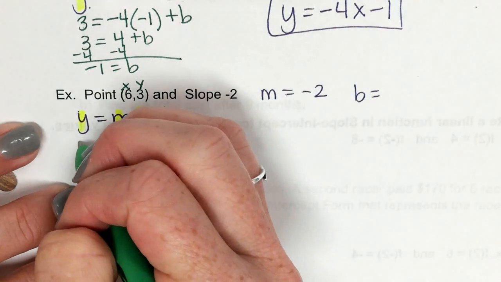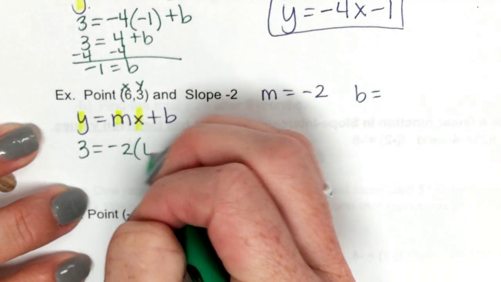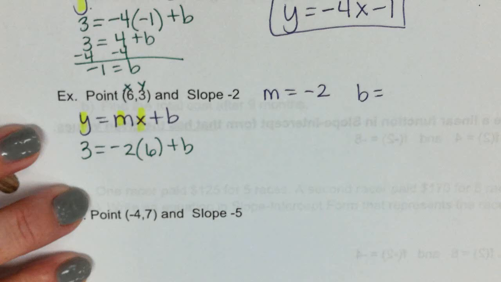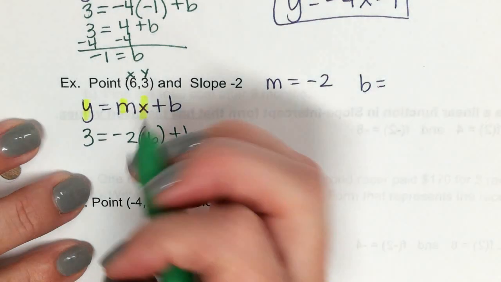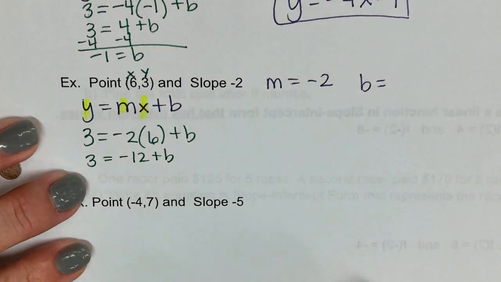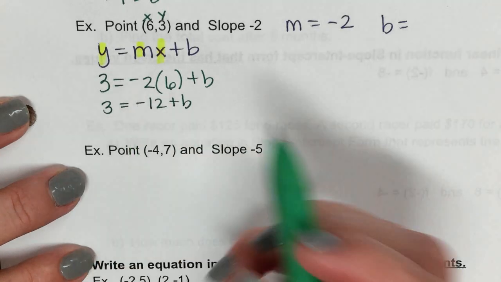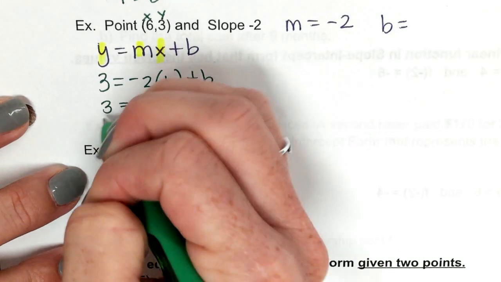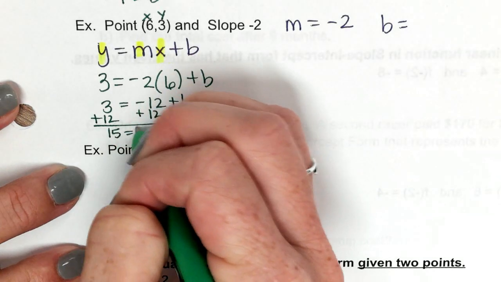So I have 3 equals -2 times my x, which is 6, plus b. So I have 3 equals -12 plus b. How do I get rid of -12? Plus 12. And 12 plus 3 is 15.